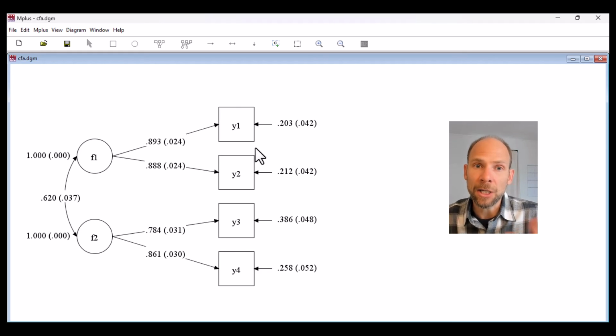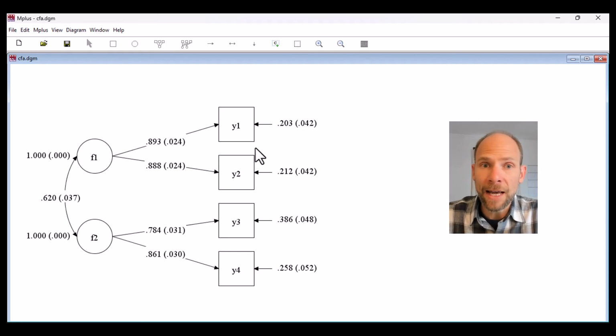Instead, they are partial standardized regression coefficients. And so then we look at both a pattern matrix and a structure matrix, meaning both loadings and correlations. So that's the same issue in CFA. However, typically in CFA, we have a strict simple structure like here, and then that problem does not occur.